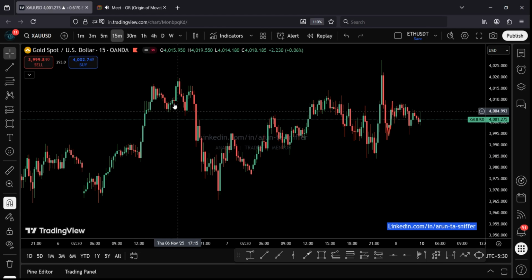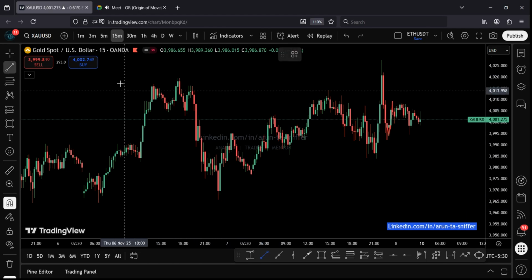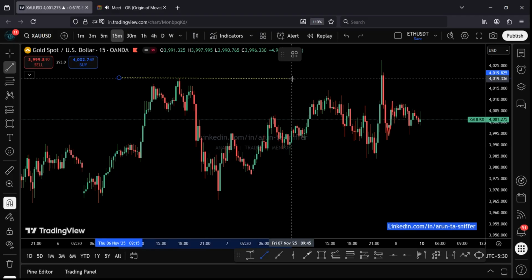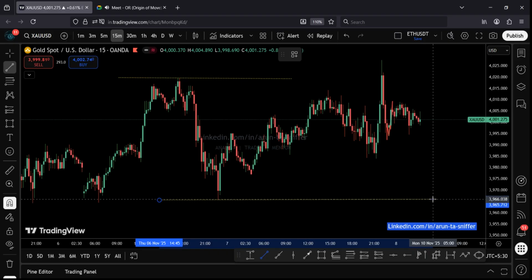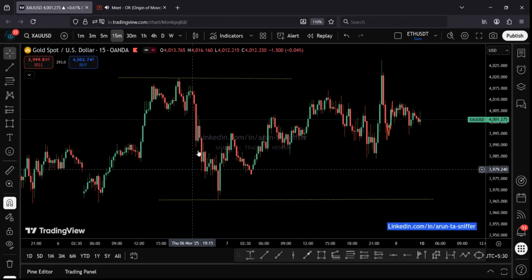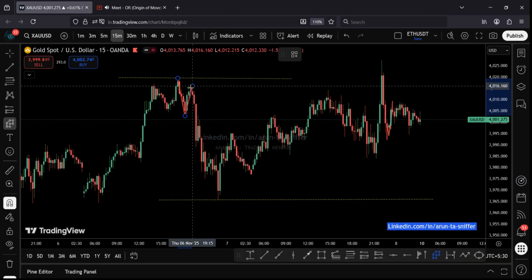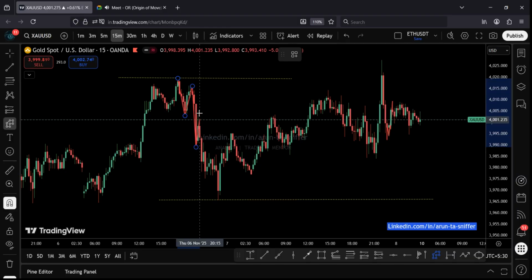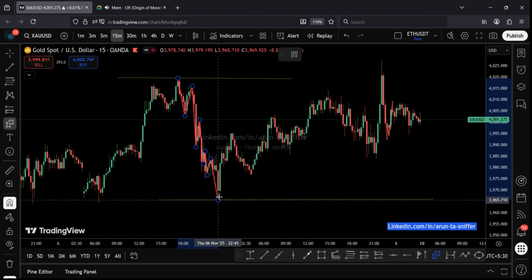What is happening? Price, look at this level and look at this level. Here and here. Okay. Price fell from here, came down, goes up, came down, goes up, came down, goes up, came down like this.